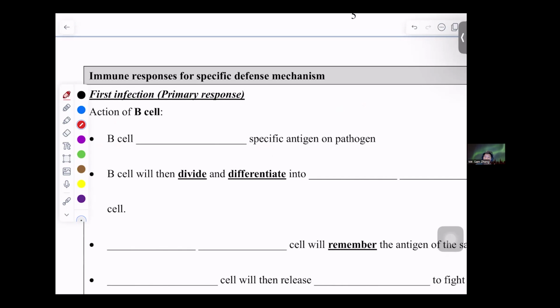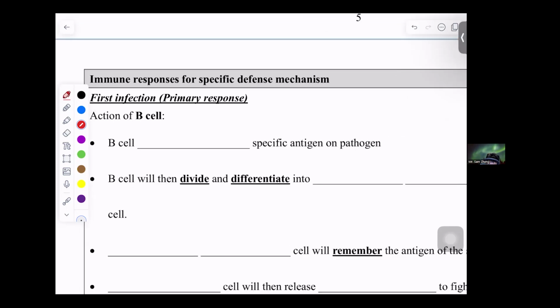Most of the B cells will divide and differentiate into what we call memory B cells. Apart from that, they will also divide into plasma cells, mainly for the release of antibodies to fight against the pathogens.